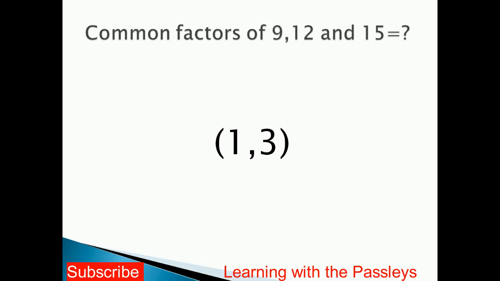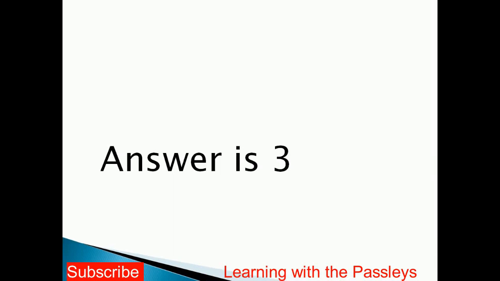Now that we have 1 and 3, the answer is obvious. 3 is the highest common factor for 9, 12, and 15. Now we get the answer.